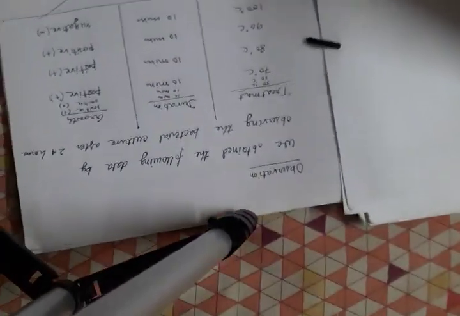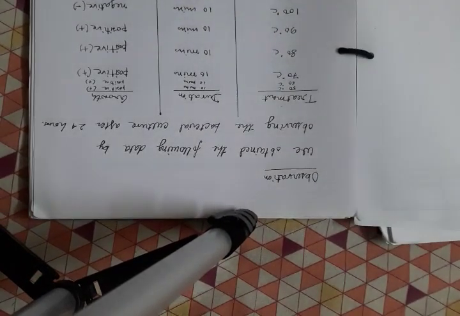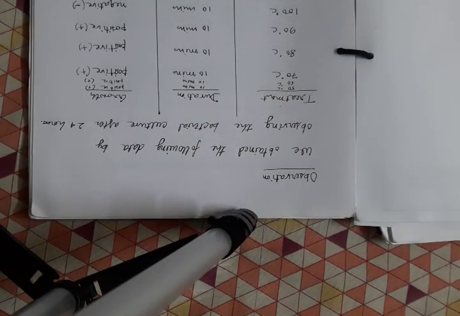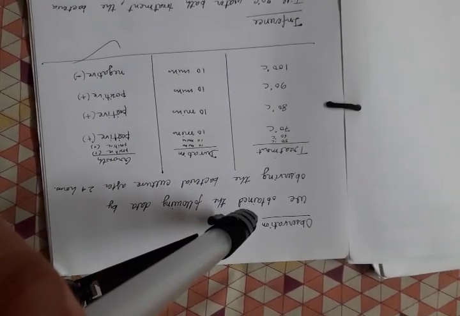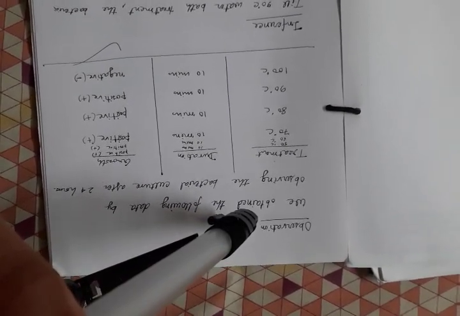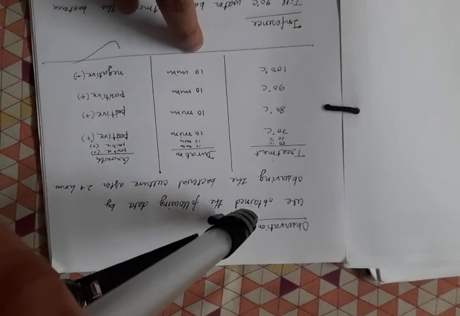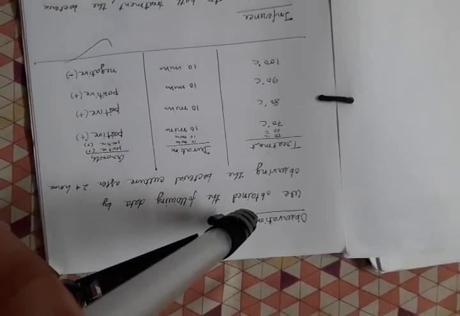From our previous observations we have seen that in our previous experiment at 50, 60, 70, 80 and 90 degrees Celsius there was growth of the organism. But at 100 degrees Celsius, for 10 minutes, there was no growth of the microorganism.